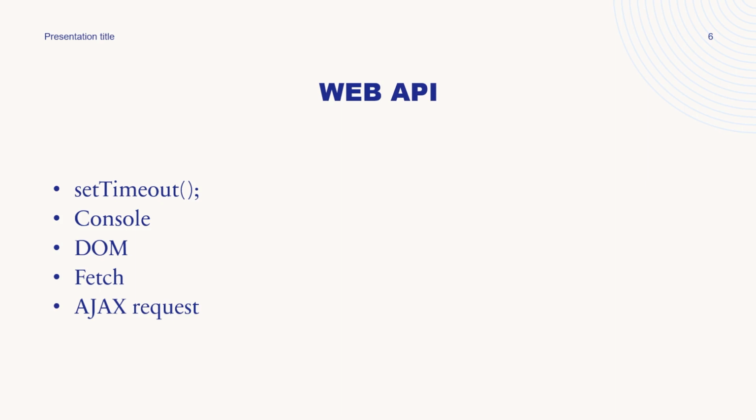So web APIs are interfaces provided by the web browsers that allow developers to interact with web browser features such as accessing the DOM, making HTTP requests, manipulating browser history, and more. So what is the DOM and HTTP request? We will talk about this later in this video.